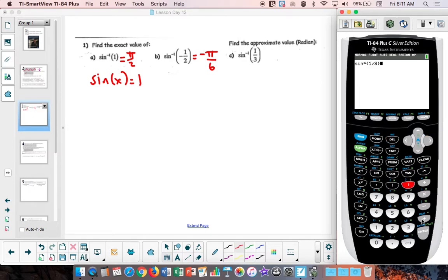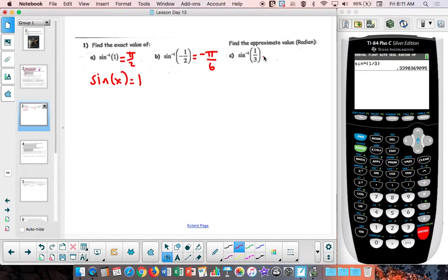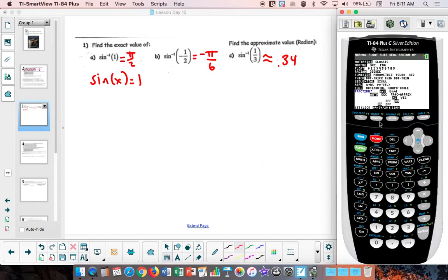Make sure parentheses. 0.34. And just make sure you're in radians, because it asks for that. Other than that, you're not going to be able to get a better answer, because 1/3 isn't a special triangle that we talk about.